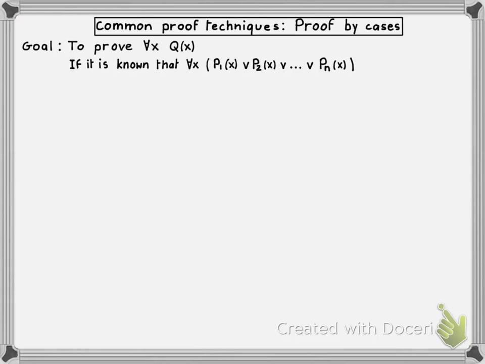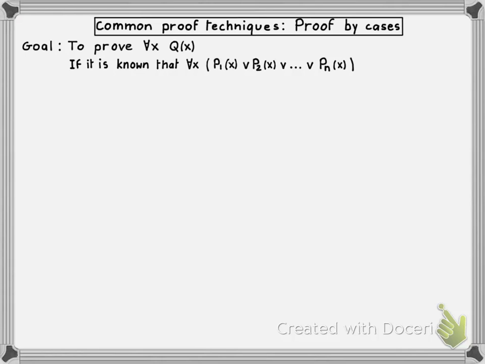So in that case, n was equal to 2. There were only two cases. But if we knew that every integer in the domain is either odd or even, we have the expression as a fact, as a true proposition, that for all x, odd of x or even of x. Here we're just generalizing to n cases instead of 2.